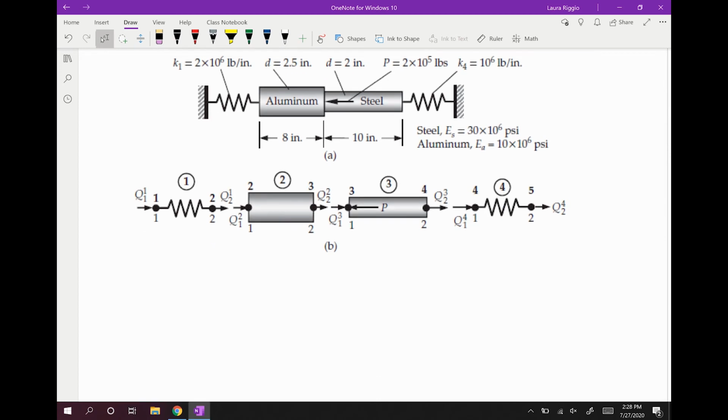So we're going to look at this free body diagram. Looking at the free body diagram, we can see that Q12 plus Q21 has to equal 0. So that is right here, and that is because there is no applied load at that point.